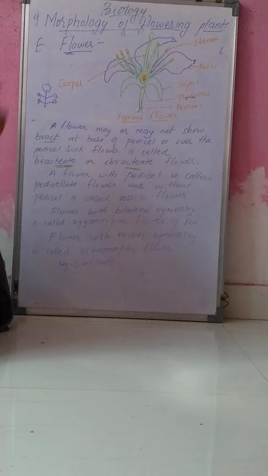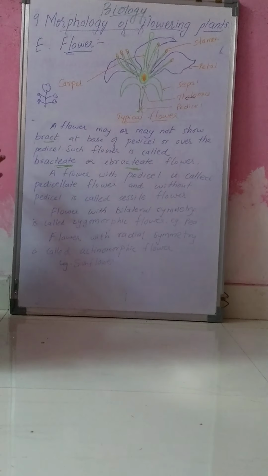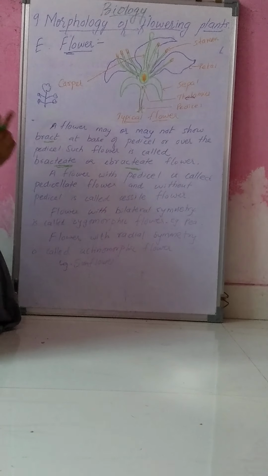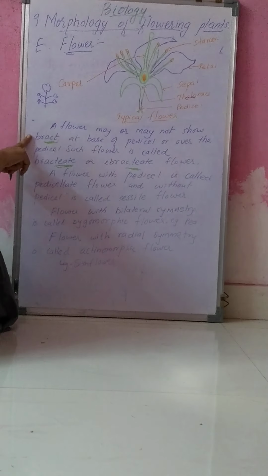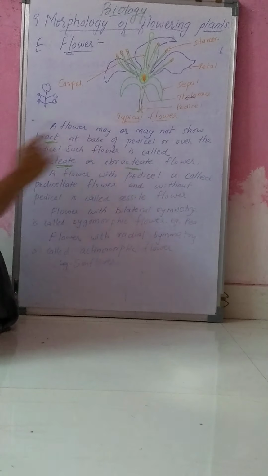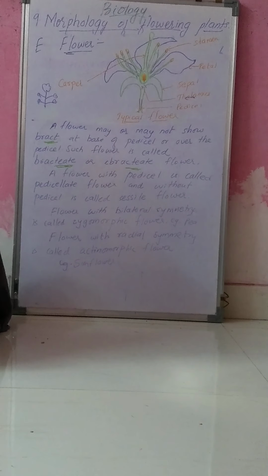Two types of flower you can see. One is bracteate flower and the other one is ebracteate flower, because of presence or absence of bract. If bract is present, that flower is known as bracteate flower. If bract is absent, then that flower is known as ebracteate flower.